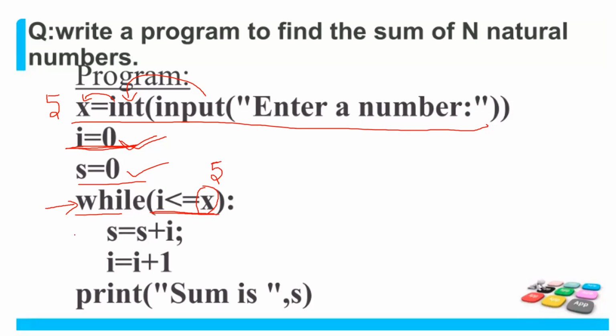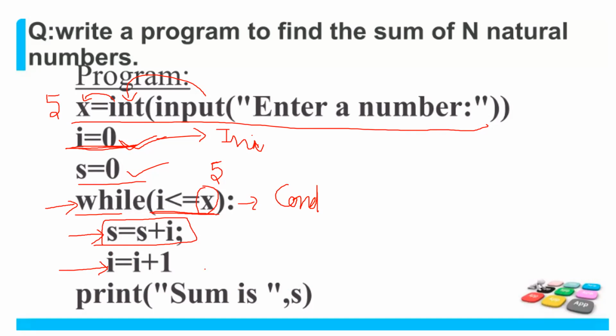Next is s equals to s plus i. This is the point of process. Here we are trying to find a sum of all the values that i will generate. And this line is the point of incrementation. So this is our point of initialization. This is the point of condition.